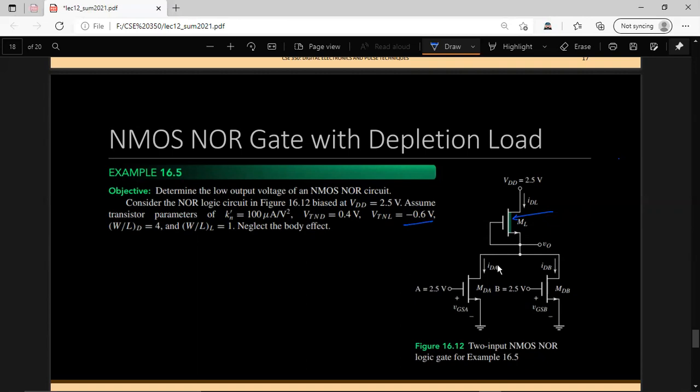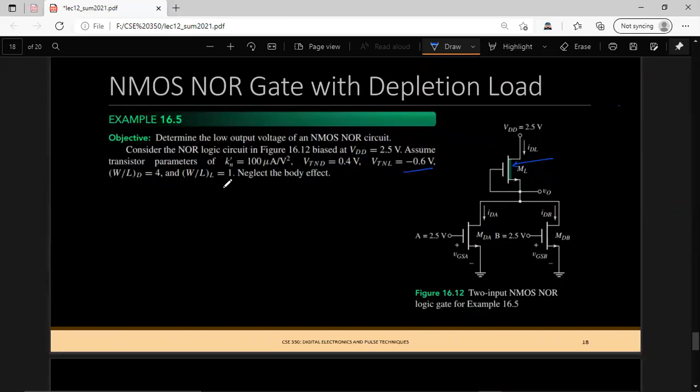Another thing to note here, we are given K prime N. This K prime N is called the process parameter. The process parameter and the conduction parameter are related like this: the capital Kn is related to small k prime n times W by L. This is the conduction parameter and this is the process parameter.